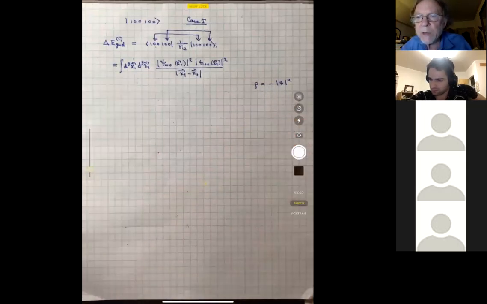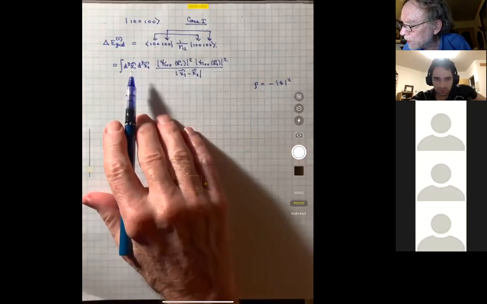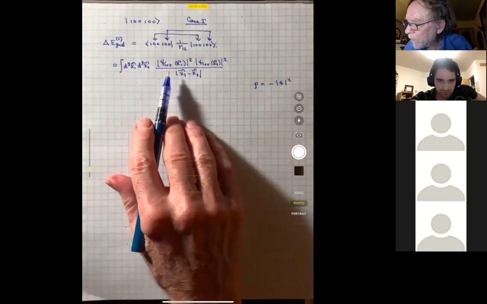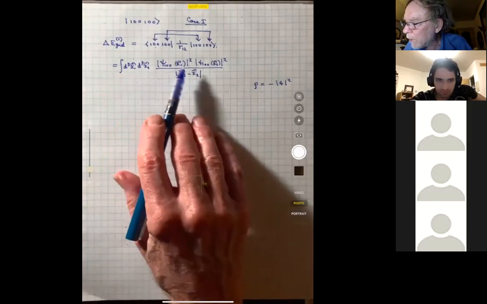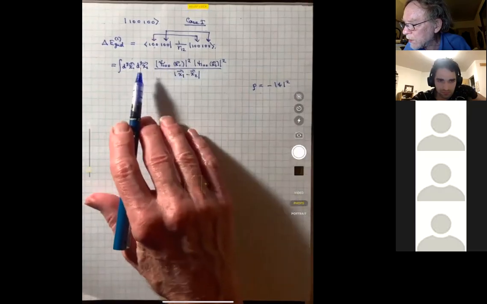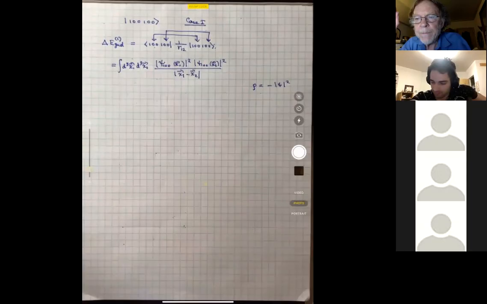What you see here is a form that I hope is familiar from electrostatics. It's the integral of the product of the two charge densities over a 6-dimensional space divided by the Coulomb denominator. This is the mutual electrostatic energy of the two electron clouds.